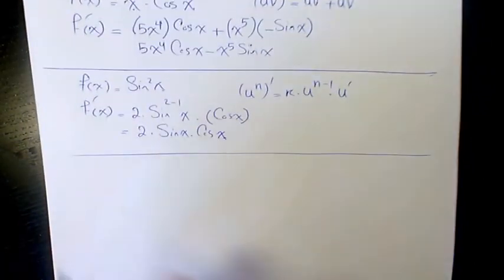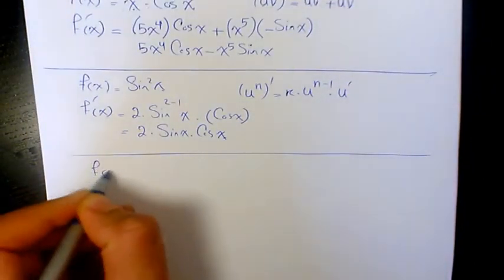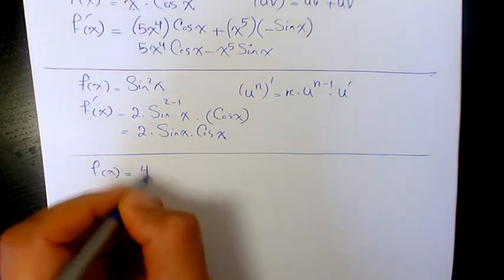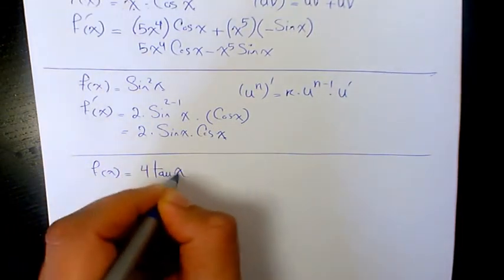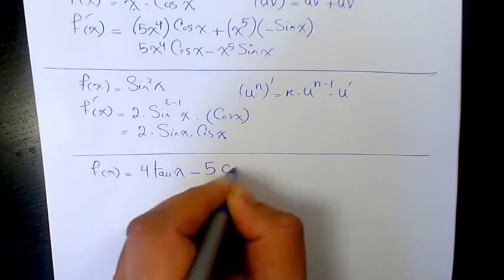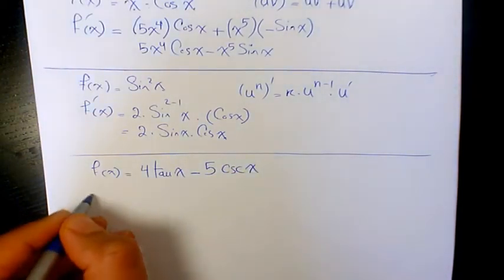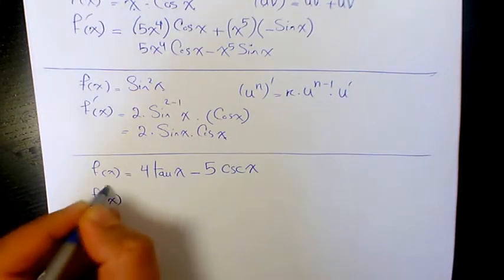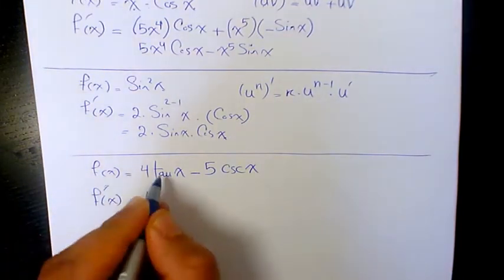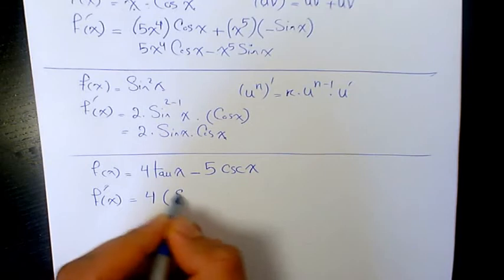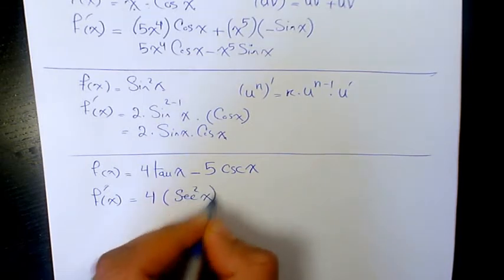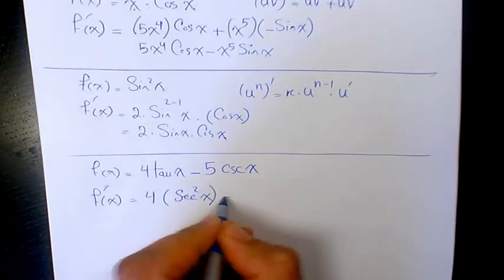Next one, f of x equals 4 tan x minus 5 cosecant x. Derivative will be, derivative of tan x is secant squared x, minus 5.